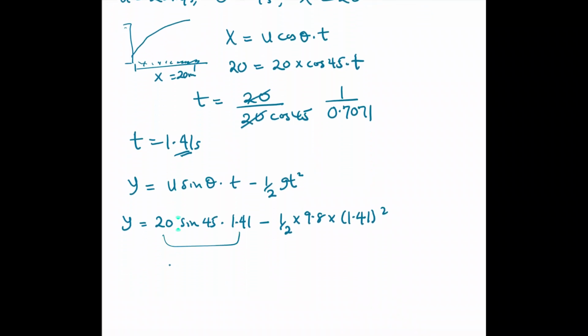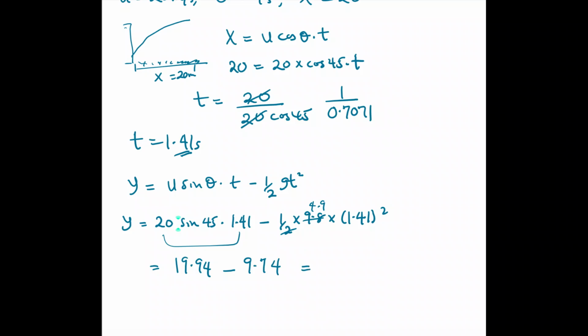If we multiply this together, 20 times sine 45 times 1.41 is 19.94. 19.94 minus 9.8 divided by 2, which is 4.9, times 1.41 all squared, which is 9.74.